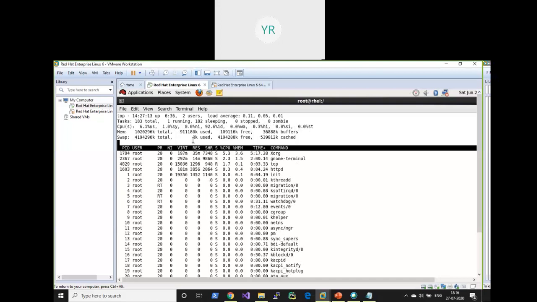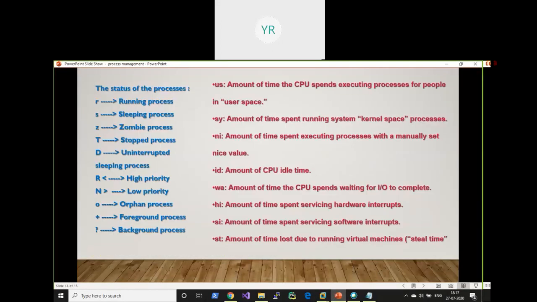US means user process, given in percentages. That is nothing but the amount of time the CPU spends on executing processes for people in user space. How much time it is spending to execute the process for the users.